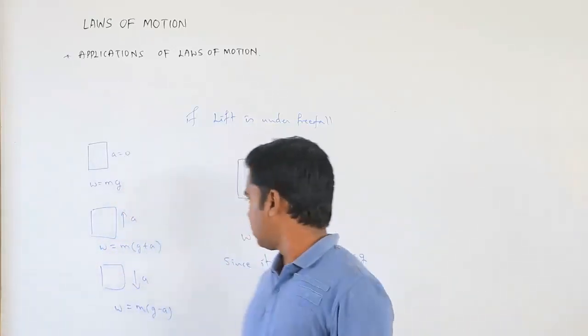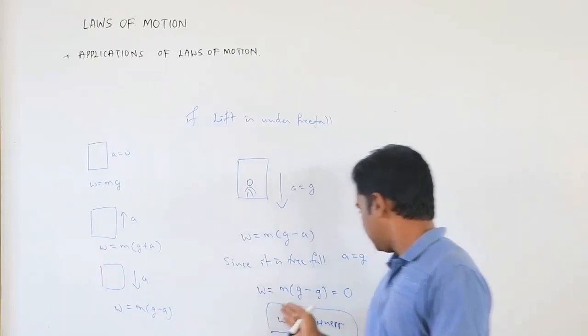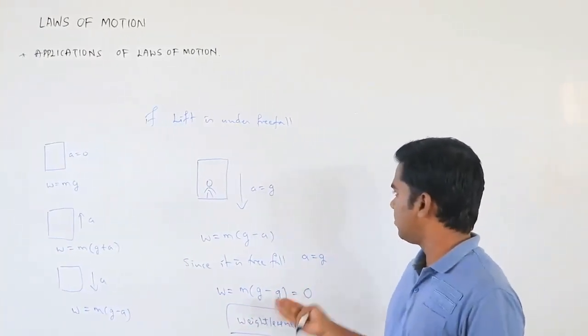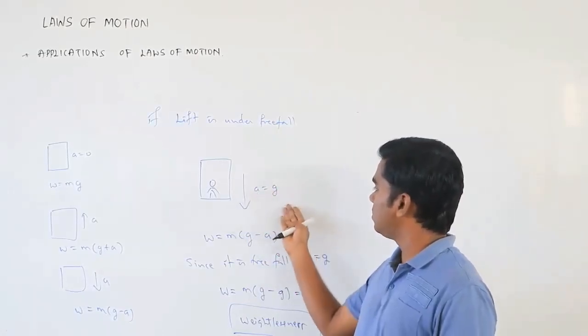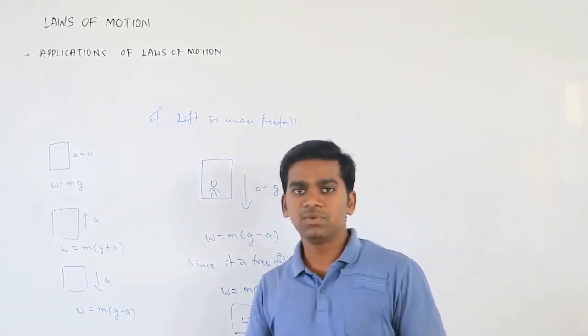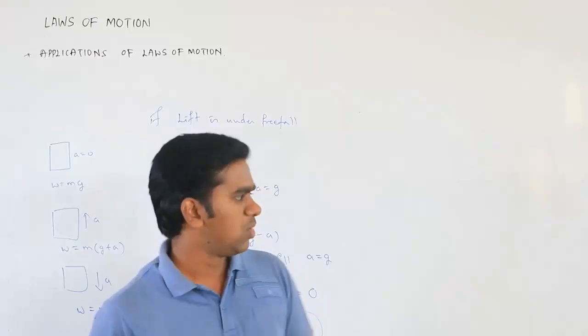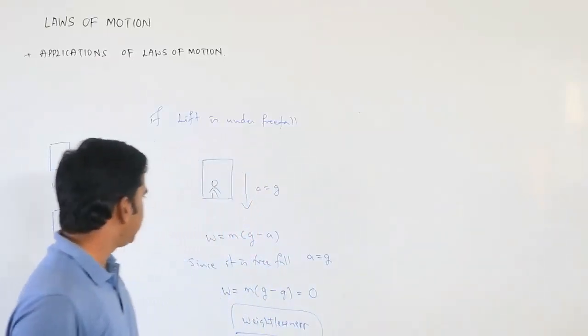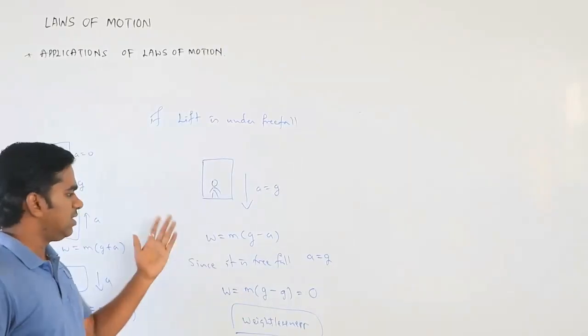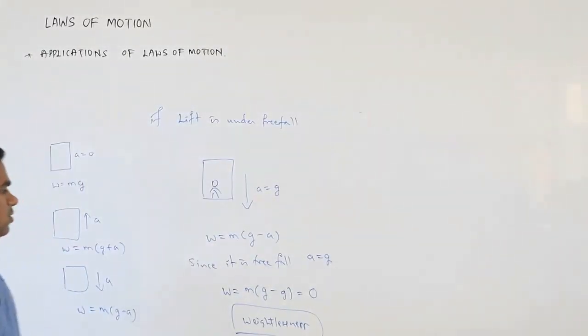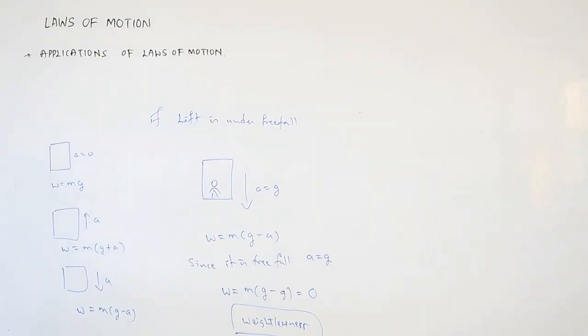Suppose if it is moving upward with a equals to g, then your weight will be 2 times your actual weight. So if they give the mass and acceleration, you can find the weight. They will give different cases. All those things we will discuss again when we go for the numericals.